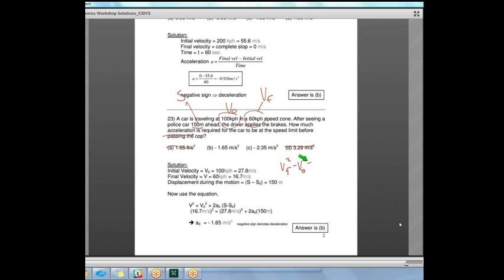Forgive me for not writing it in green. It's 2as, and we're going to try and solve that for a. We have to convert from kilometers per hour to meters per second. So we can take our final velocity squared, subtract our initial velocity squared, and then there's our 2as. Solve that for a, and off you go.